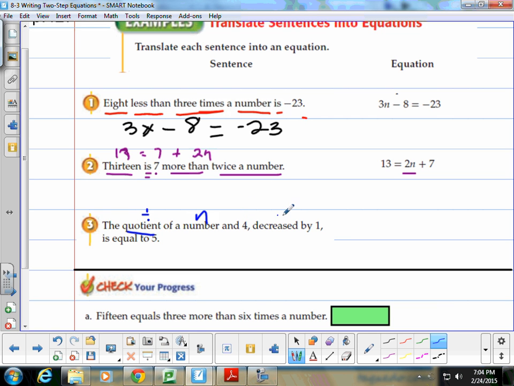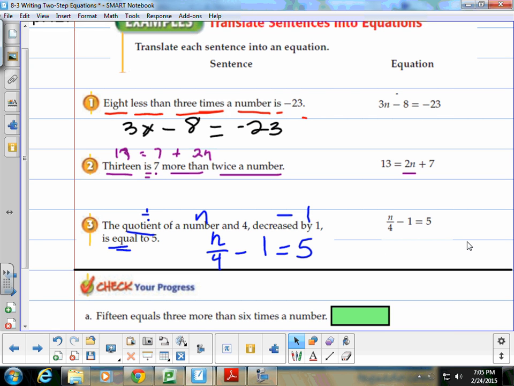Decreased by is a good thing for subtraction. You can put that on your chart. Is equal to 5. So if I were to predict, I might say that this is going to be equal to a number divided by 4, the quotient of that, and then subtracting 1 from that ends up to be 5.